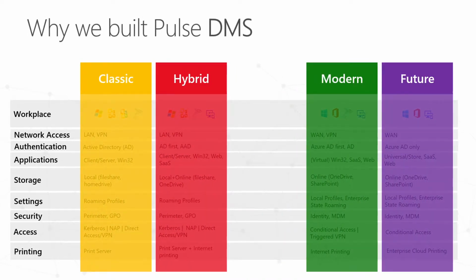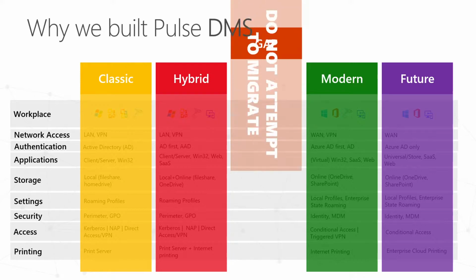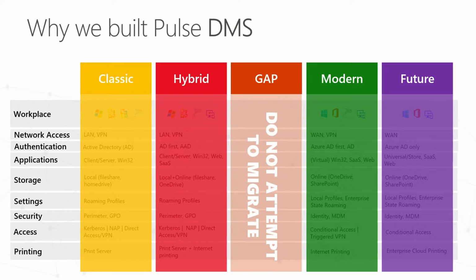However, there is a gap that Microsoft recognizes themselves. This gap is one of the key reasons why we built Pulse DMS. The gap from Microsoft is the ability to deliver the rich enterprise management capabilities of the classic model, but with the benefits of managing from the cloud to manage the increasing remote working styles of the modern workplace.